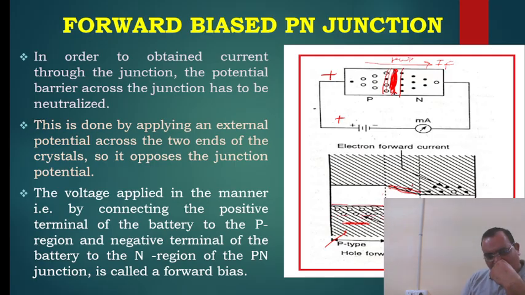And then this is the energy band diagram for this case. If holes have to move, then they have to cross this potential hill to reach the N type, and electrons have to cross this potential hill, then they can reach this side.